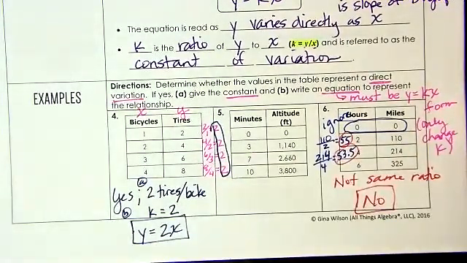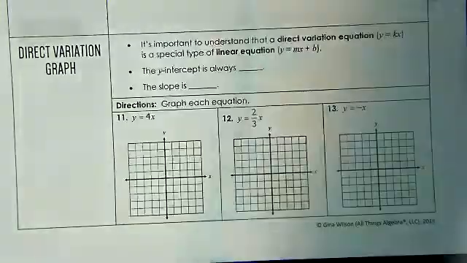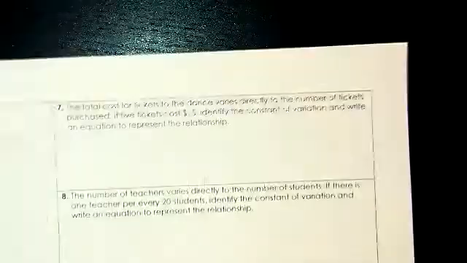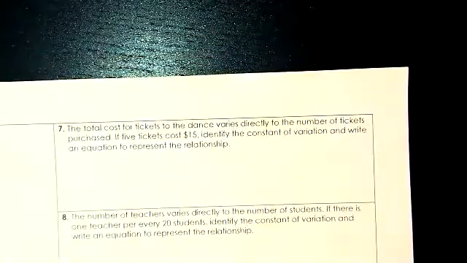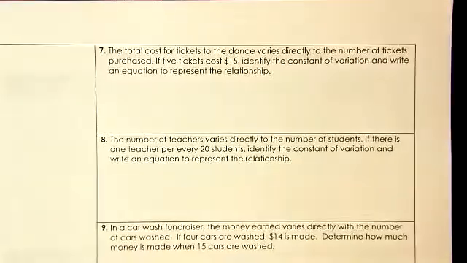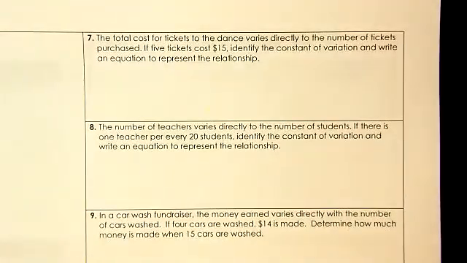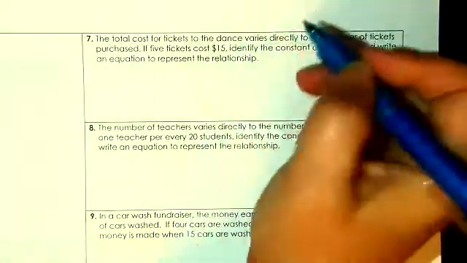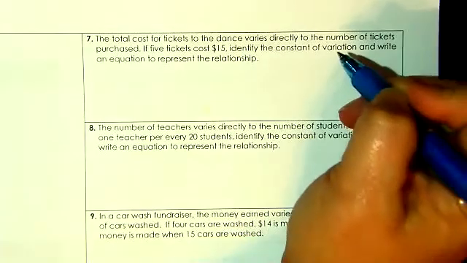Next part, we're going to look at some word problems dealing with this. Okay, looking at number 7. Make sure we can see this well. Okay. The total cost for tickets to the dance varies directly.